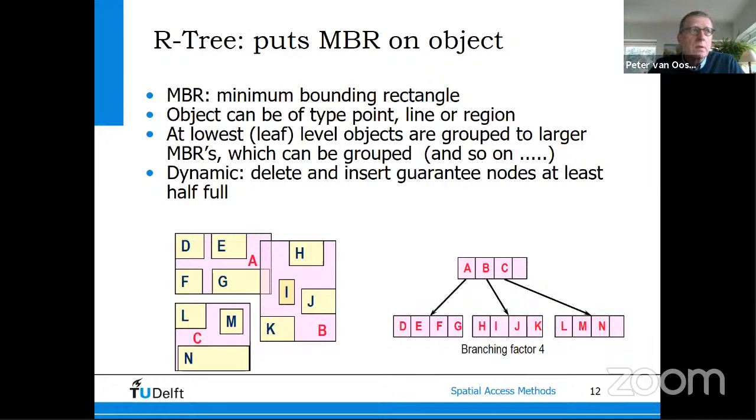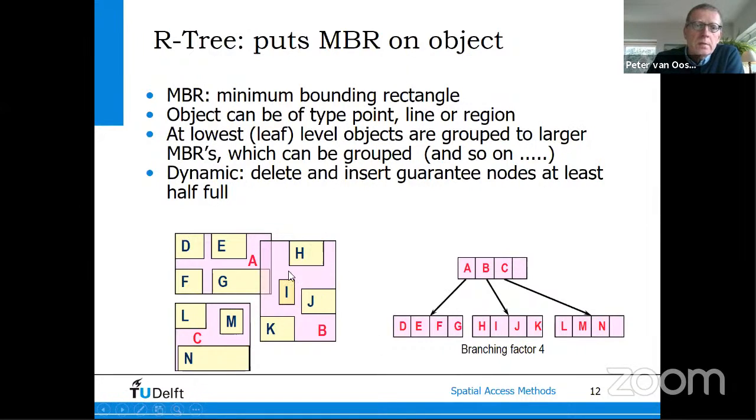For the point and the PR Quadtree, it's quite different, but by just abstracting to a box, the minimum bounding rectangle, the R-tree starts to work. And it tries to group all objects that are close to each other in leaf nodes that themselves also have a minimum bounding rectangle.